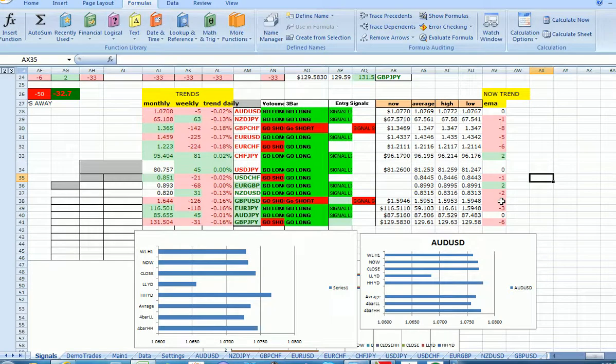Then if you're trading those shorts, you want to look at the price now in relation to the high at 159.53.